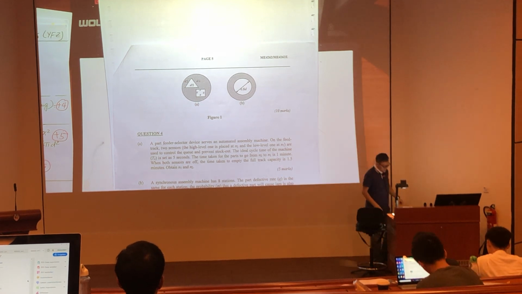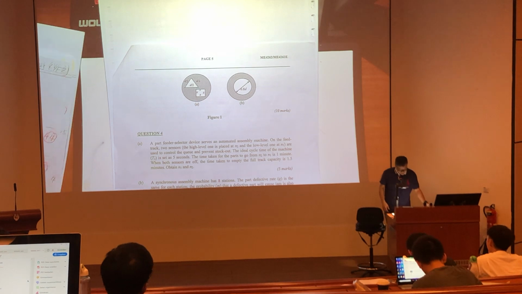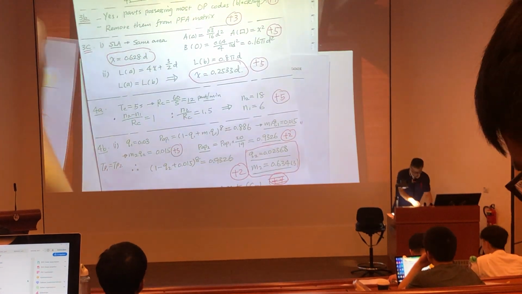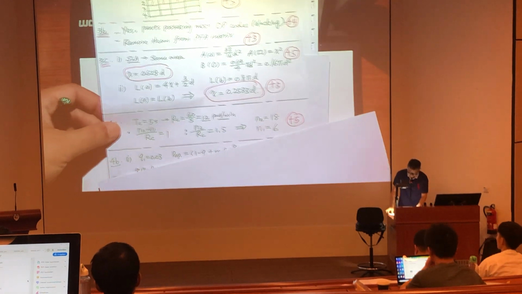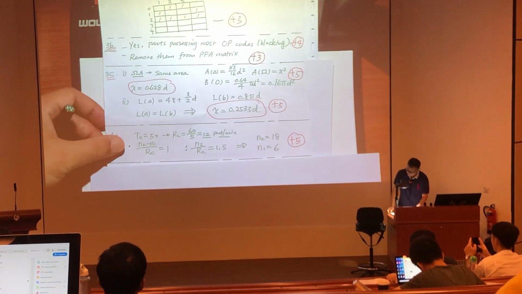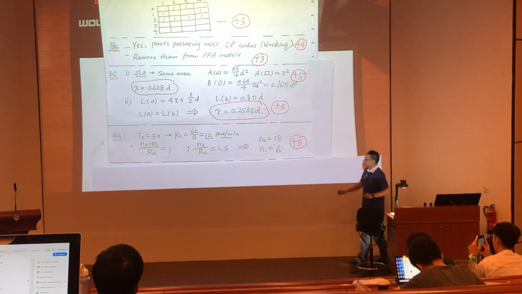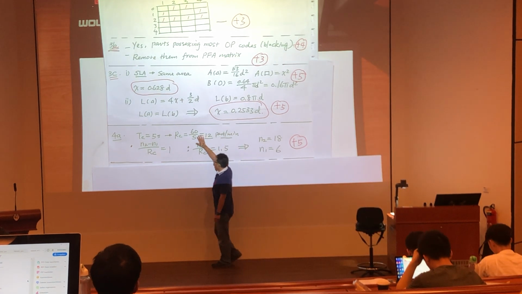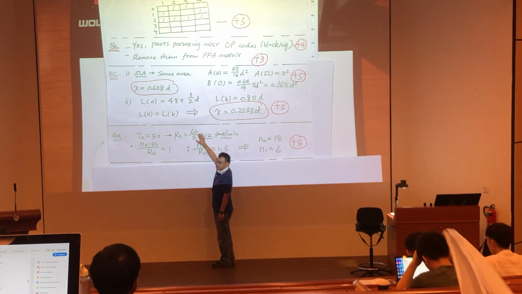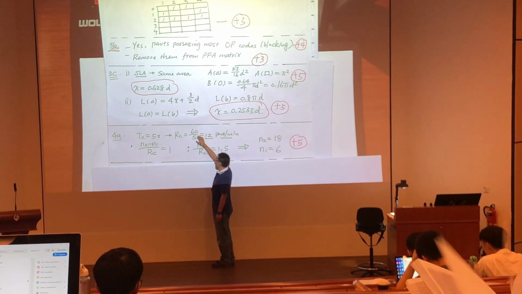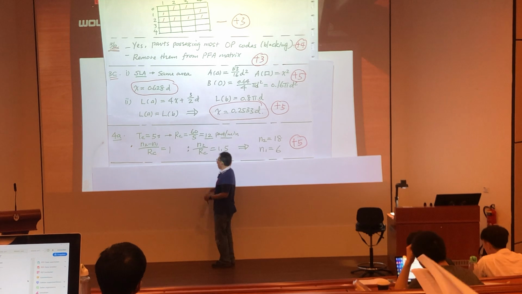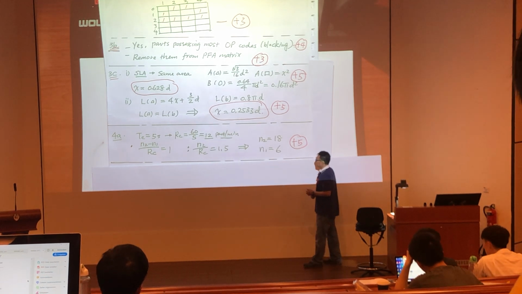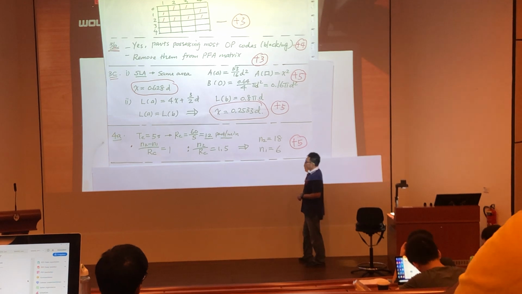So we should be able to establish two equations. Tc is 5 seconds, and Rc, we use the unit of number of parts per minute, so 60 seconds divided by 5 is 12 parts per minute, and that's Rc.